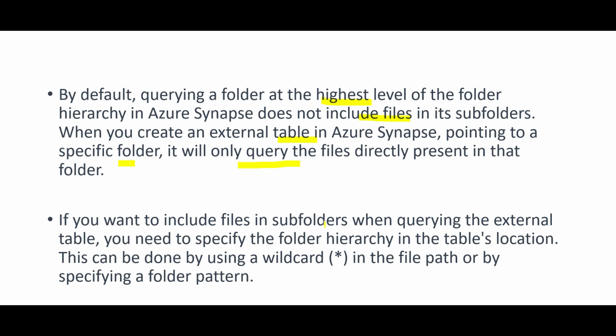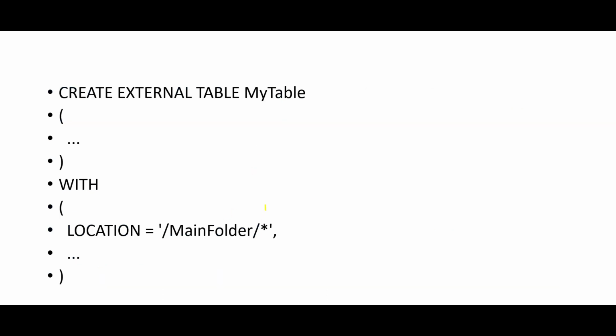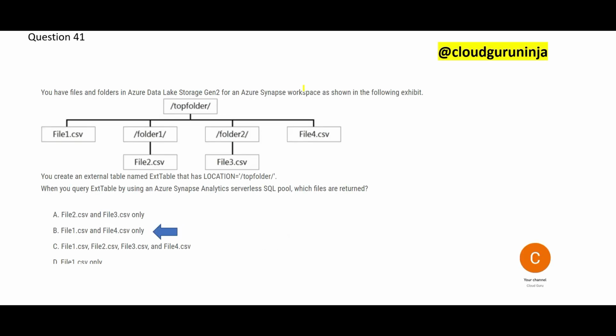If you want to access all files, you should use a wildcard in the path like this. You see this wildcard here? If you put this, then you can access subfolders. So in the question, you may also get this syntax and they say, okay, this is the syntax, what can I access? If it is star, then you can access all files and all subfolders also. This would be the final answer.